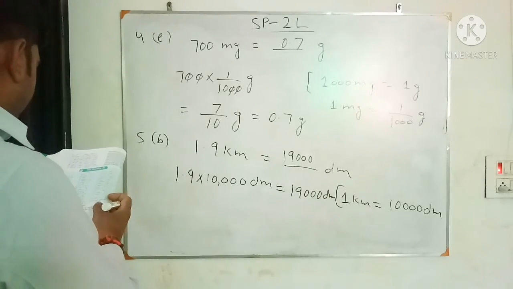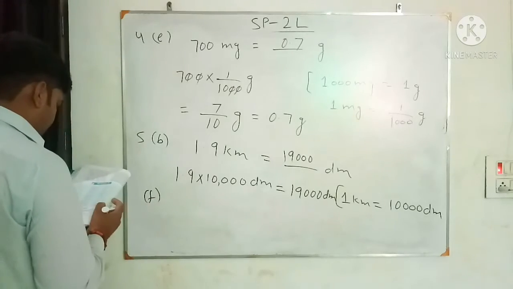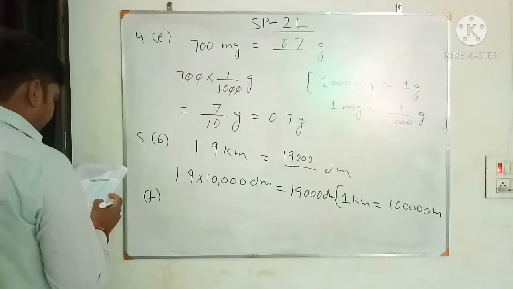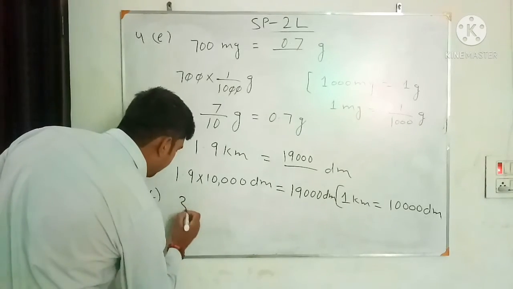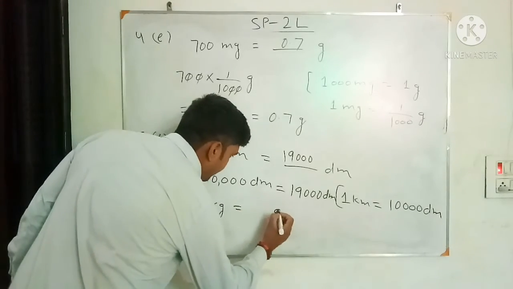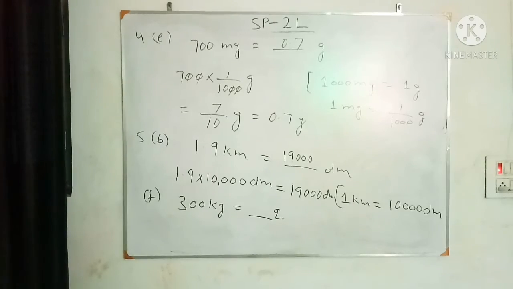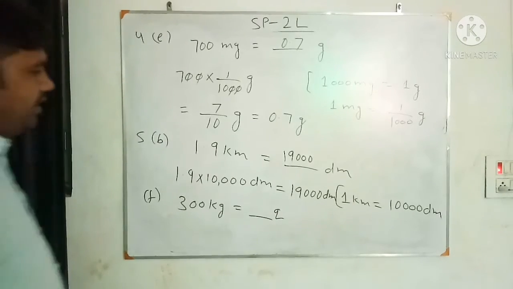Now we do question number 5F. Convert 300 kg into quintal. 100 kg makes 1 quintal.